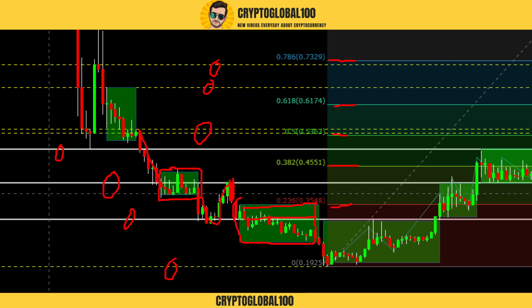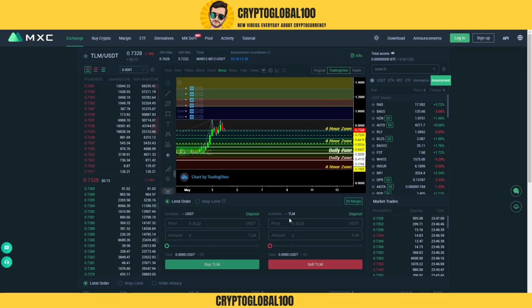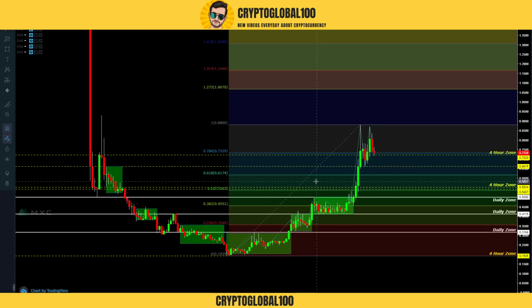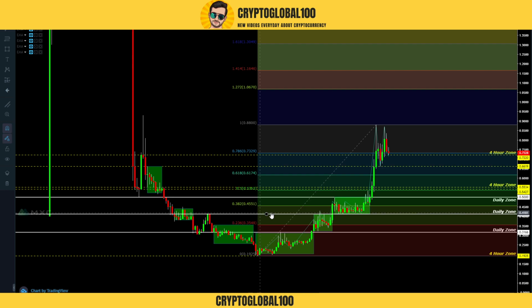It again stayed in this period, then the price went down and remained in a consolidation phase, then again the price went up and broke through. So let's start the technical analysis of the TLM coin.